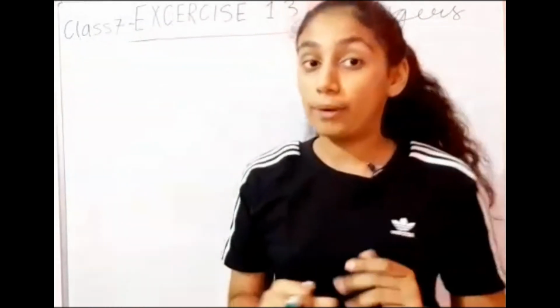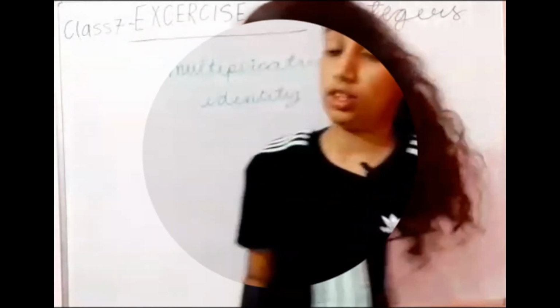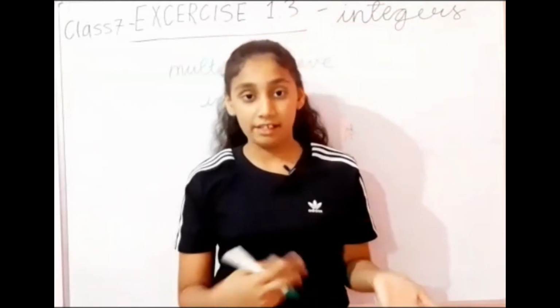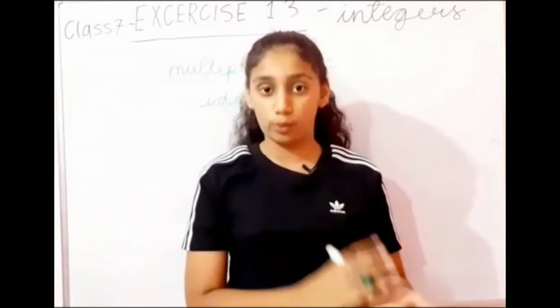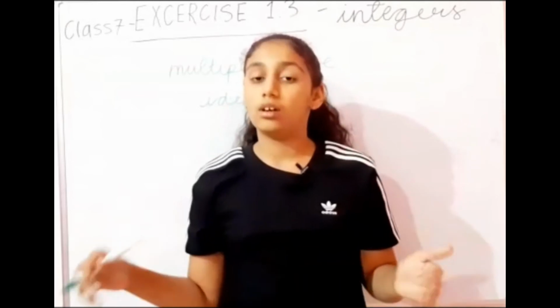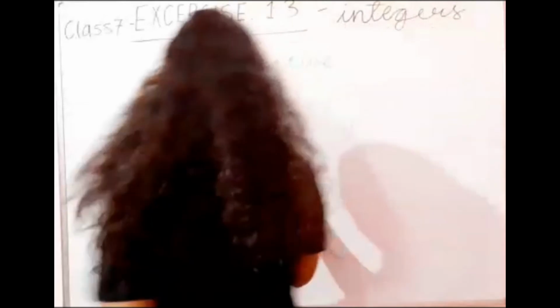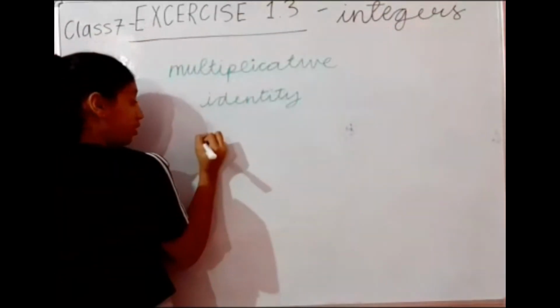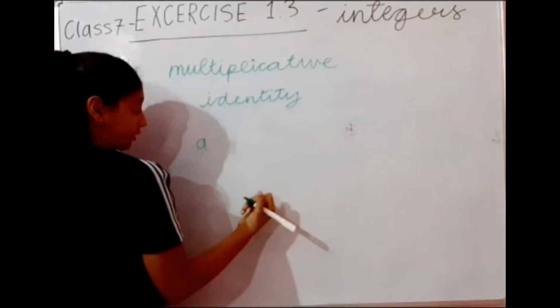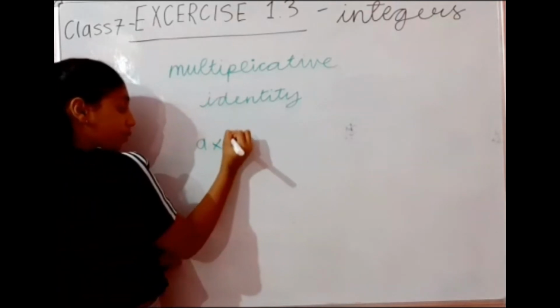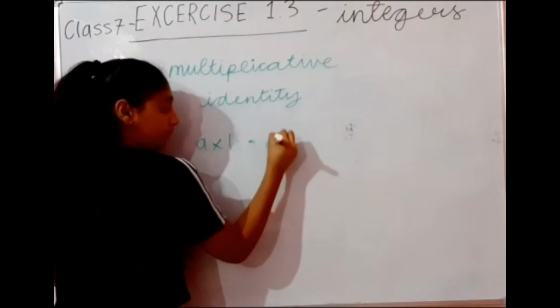Now the next property is the multiplicative identity. The multiplicative identity states that if we multiply any integer with 1, the product that we get will be the integer. So let me explain. For example, we have a number a, and I multiply it by 1.